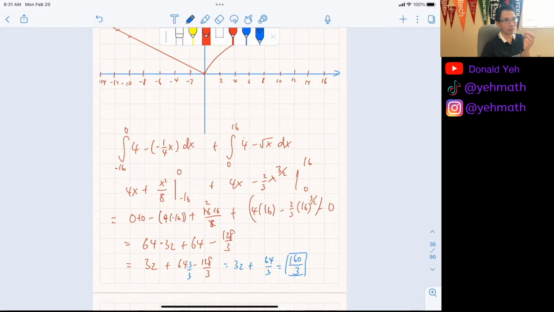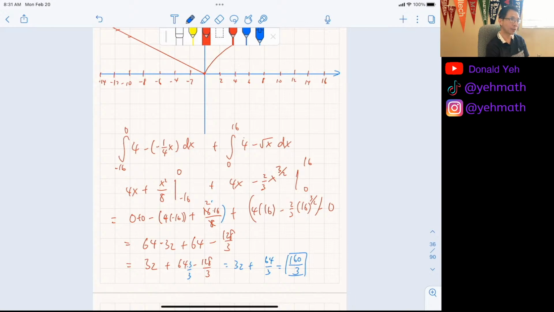So let's talk about it. Wait, 32 minus 32? Isn't it plus 32? Oh, because he added it plus 64. That's why there's only 164 in the lower one, because there's 2. How about you subtract? 64 minus 32 is 32.